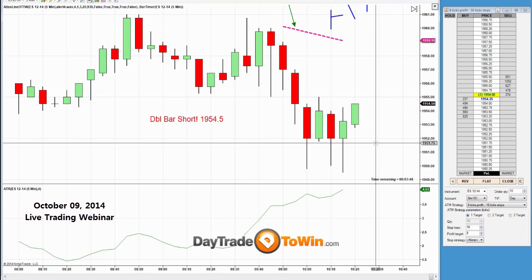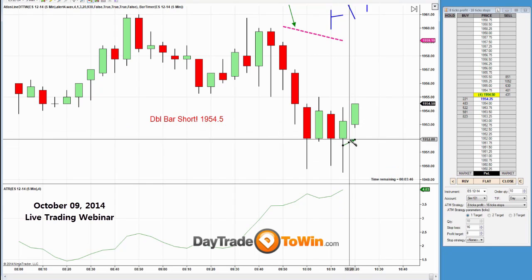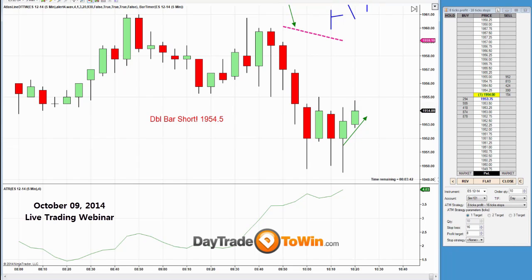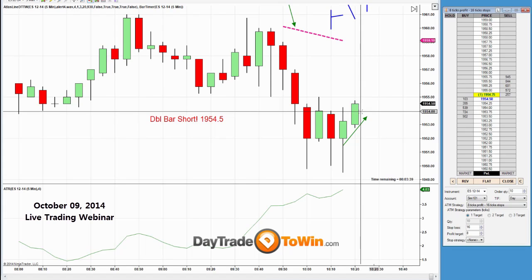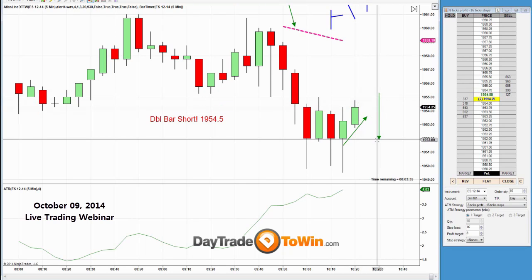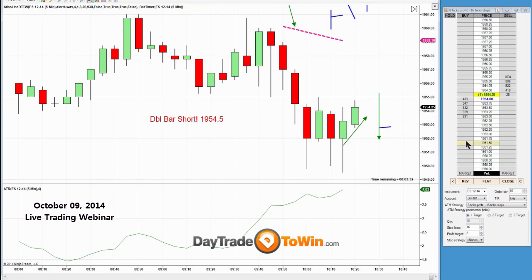Classic pullback. After this candle closes, I'm then going to look for the first candle that closes red, which tells me we're now continuing back down. We've had a pullback and now we're just following it and coming back down. I still have to use stops. I still have to have an exact target. All those things are true, but you have to be able to see it as it's happening and not just shooting from the hip.